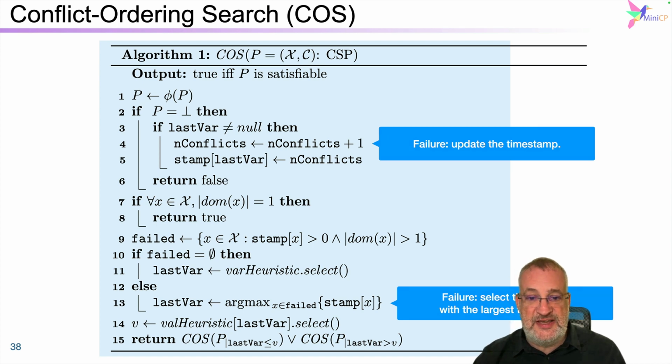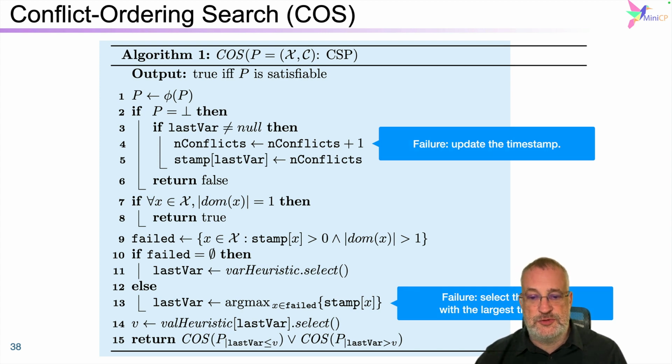After that, we say that if every variable is fixed, so every domain size is 1, we have a solution and we return. Otherwise, we go through the process of determining the failed variables, that is all those that have a timestamp that exists, that's positive, and that have more than one value. If we have none, we fall back on the normal heuristic, so we still have our fallback. Otherwise, we're going to pick the one that has the most recent timestamp. That's why we have an argmax.